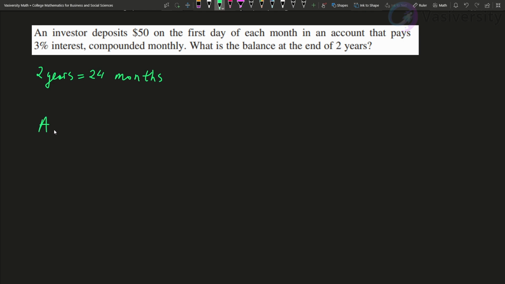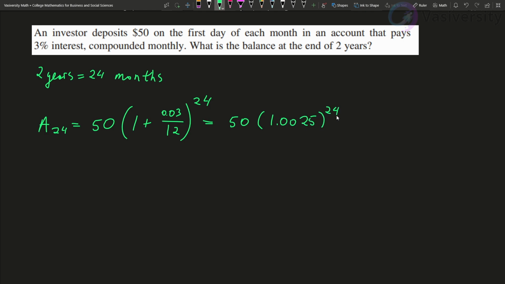So that means A24 is going to be equal to, so we start with 50, and then 1 plus 0.03 over 12 to the power of 24, right? Our yearly interest is essentially 3%, so we split it up into 12 months, and then we put it to the power of 24. Okay, so now if we simplify it, it's going to be 50 times 1.0025 to the power of 24, right?